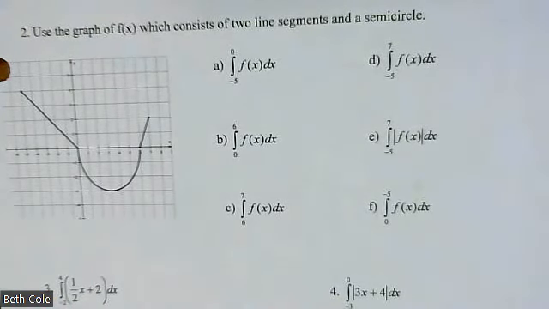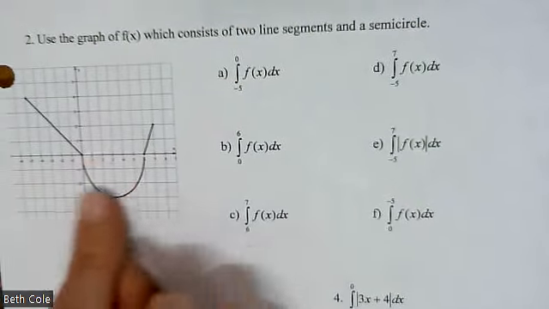Let's review some geometry. You're going to have to be able to find areas of some basic shapes. How do you do the area of a rectangle? Length times width. How about a triangle? 1/2 base times height. How about a circle? Pi r squared is a circle.